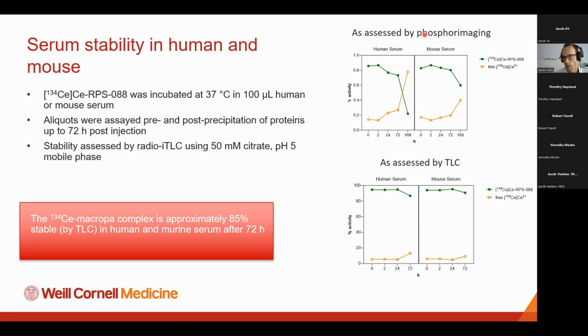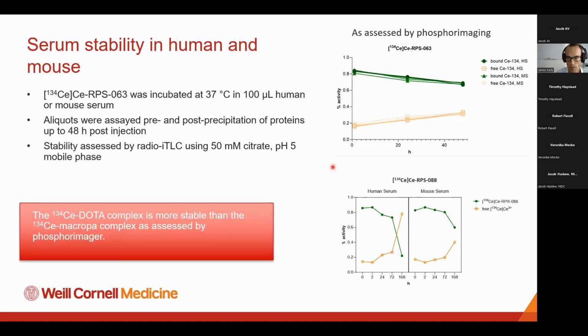So depending on whether we use the phosphor imager for quantification or the TLC signal, we got slightly different results, but they both agreed that there's some decrease in serum stability, or there's some loss of cerium from the complex in serum over the course of 72 to, I'll say, 168 hours. And depending on which method you use, it's anywhere from about 85% stable to perhaps a little lower than that.